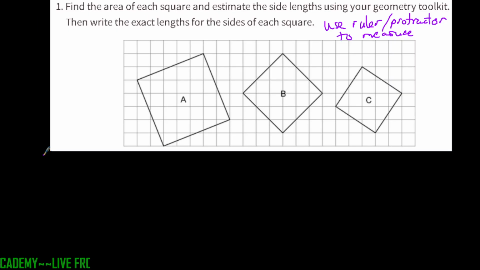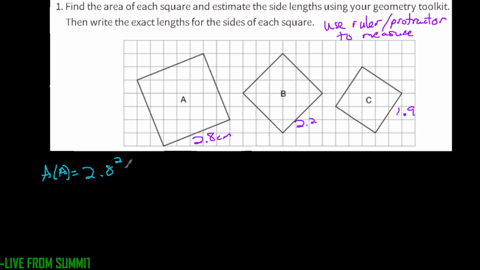Either way would work. So for example, if I gave you the side lengths, let's say this is 2.8 centimeters, this is 2.2, and this is 1.9, you'd have to say, well, I can find the square of this. So let's say the area of A is going to be 2.8 squared.